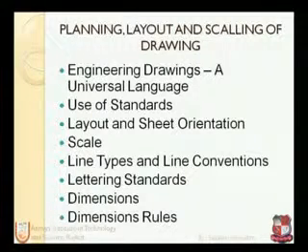Engineering drawing can be used in production. So engineering drawing is very important in terms of engineering application and its outcome. Hence, it is widely produced and can be termed a universal language.